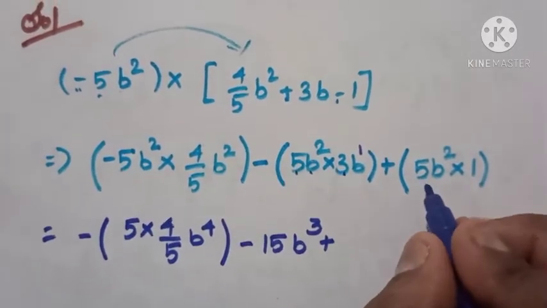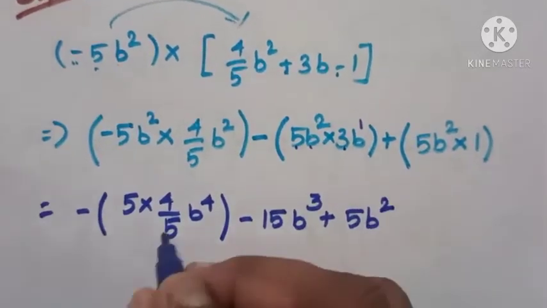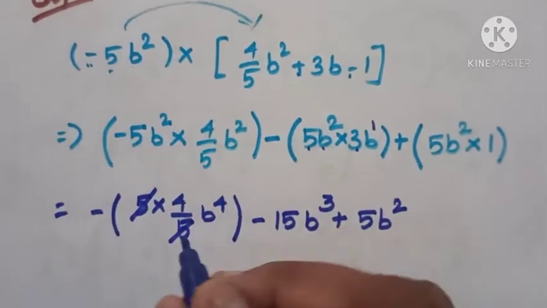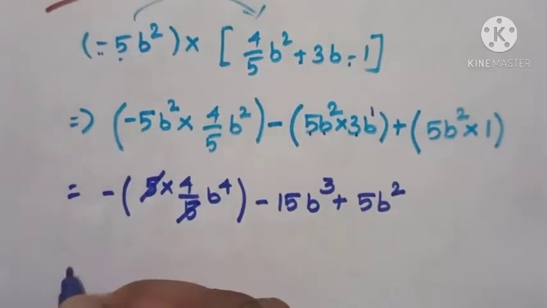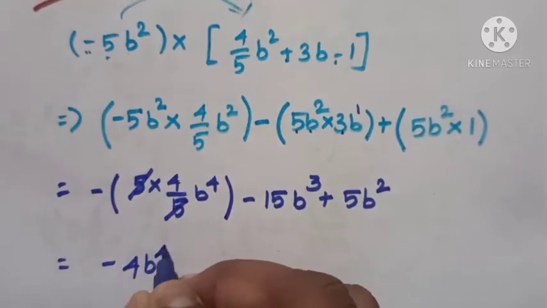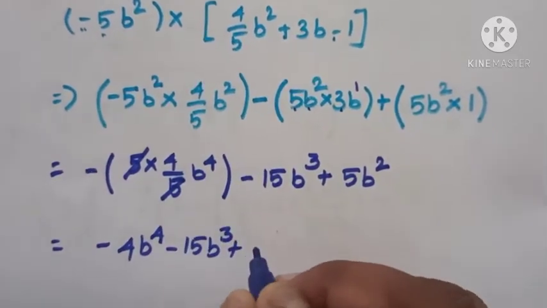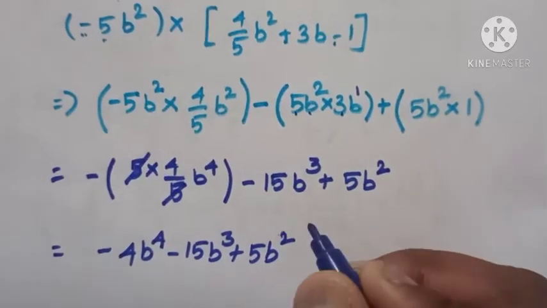Plus, anything multiplied with 1, you get the same. So 5 b square. Here 5 will get cancelled. 4 into b to the power 4, you get minus 4 b power 4 minus 15 b cube plus 5 b square.